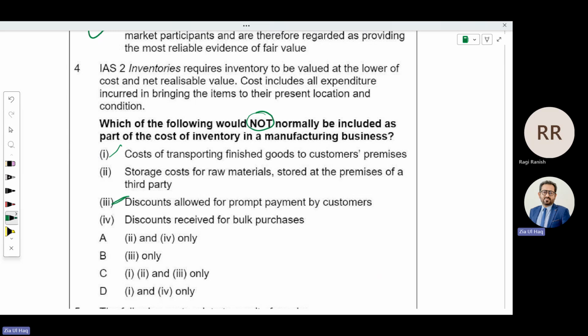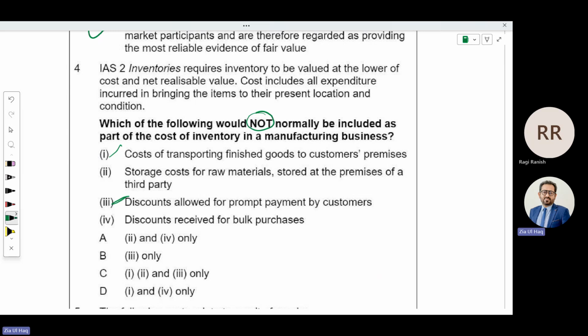What is the option then? If we look at part A, 2 and 4 only. 1, 2 and 3. 2, storage cost for raw material. Storage cost for finished goods should not be part of cost.